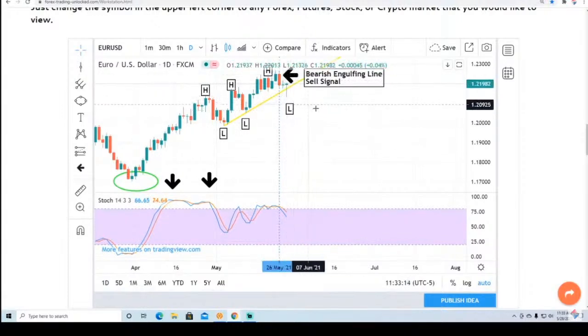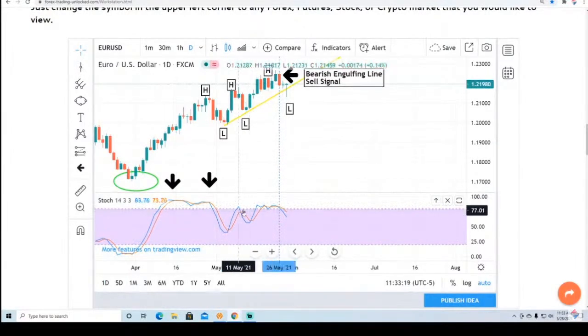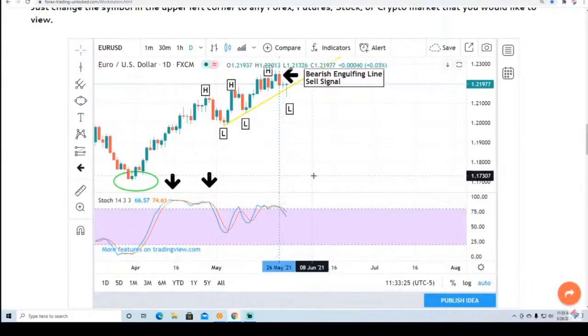So, since we have a signal and we have an indicator that was already showing us that it was overbought, and then it crosses, that makes us very, very sure of ourselves that a short-term corrective trade is developing or has developed.